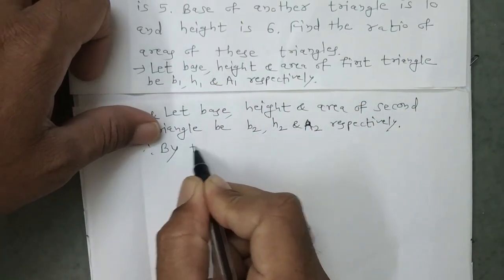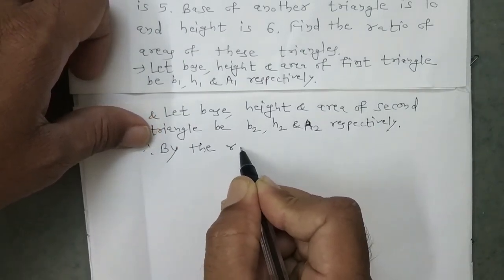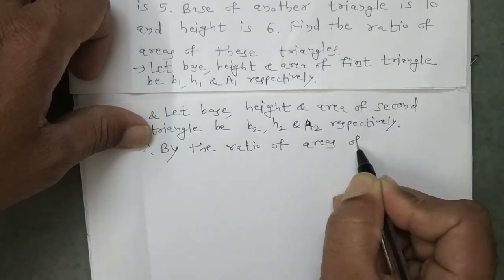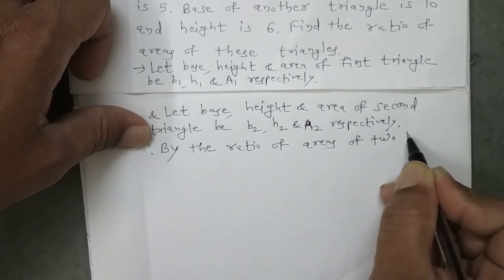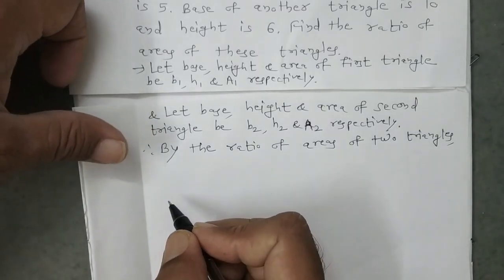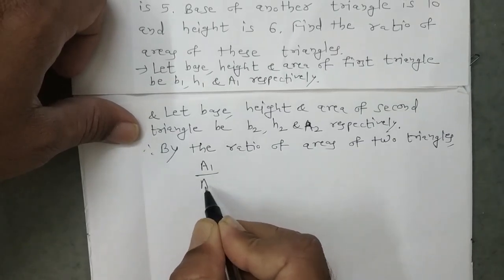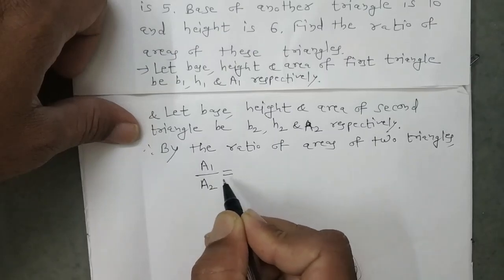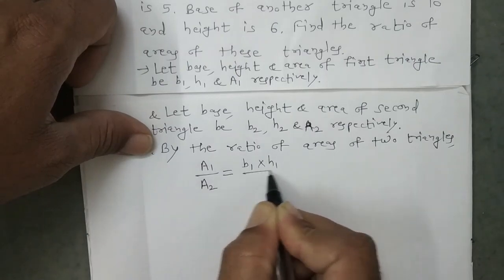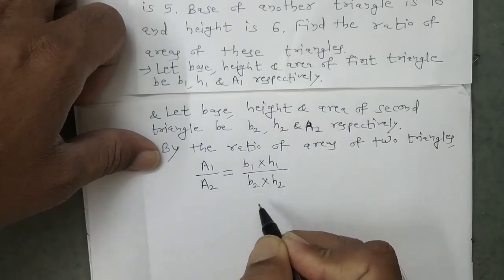Therefore by the ratio of areas of two triangles, area of the first triangle, that is A1, upon area of the second triangle, that is A2, is equal to B1 into H1 for the first triangle, divided by B2 into H2.